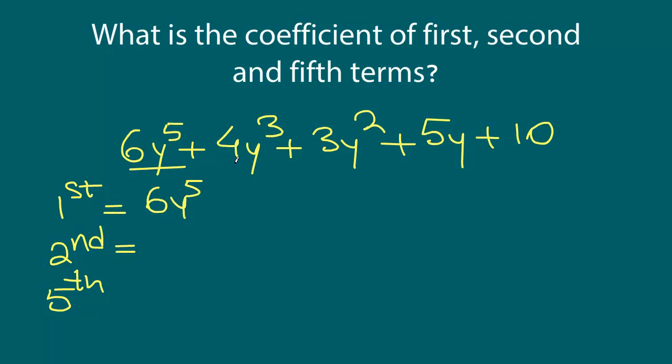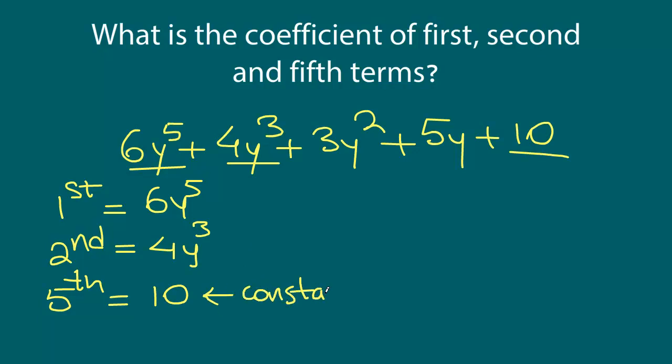The second term is 4y cubed. And the fifth term, counting first, second, third, fourth, fifth, is 10. So 10 is a constant term, and hence we cannot find any coefficient for this term.